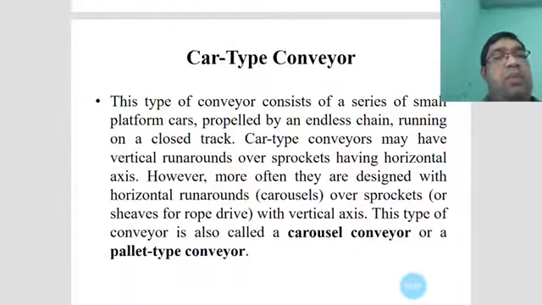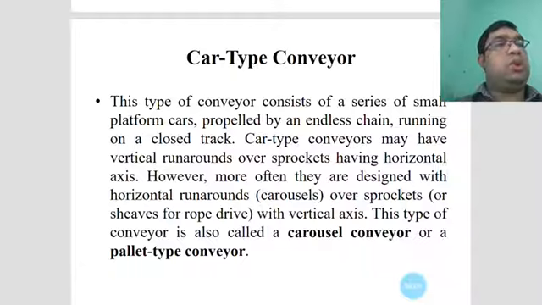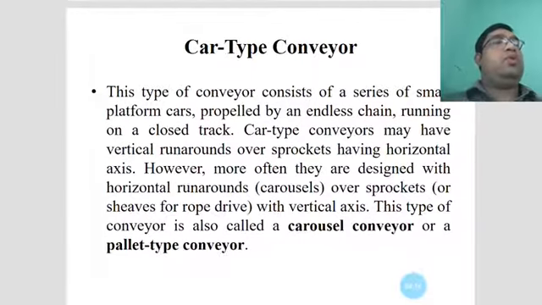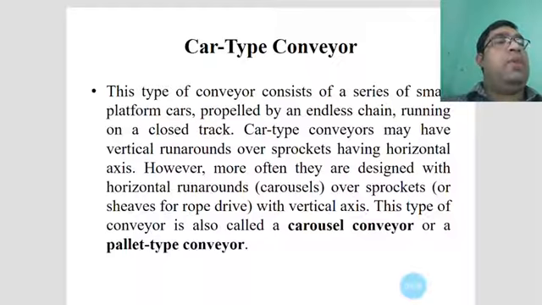This type of conveyor is also called a carousel conveyor or platform pallet type conveyor. They are designed with horizontal round-arounds, and the movement goes round and round. Sometimes we give different types of parks and baby toys, and these are basically similar to car type conveyors.